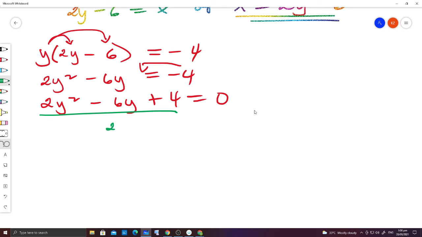So that we can have y squared, 2 divided by 2 is 2, negative 6 divided by 2 is negative 3y, and then 4 divided by 2 is positive 2 equals 0. So now it's easier to factor it.